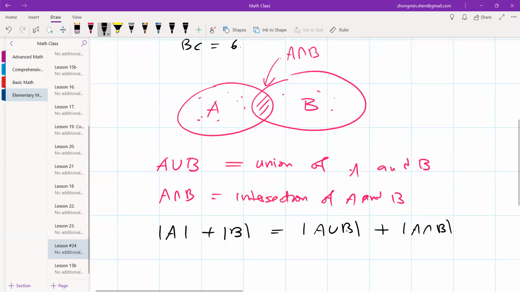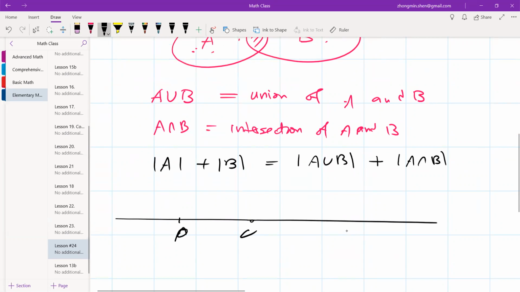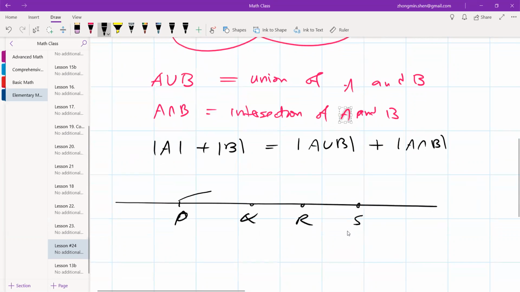Okay. So again, let me draw the picture here. If you draw the line and you have a bunch of points, P, Q, R, and S. If you know the distance between these is 20, and the distance between these will be 15.